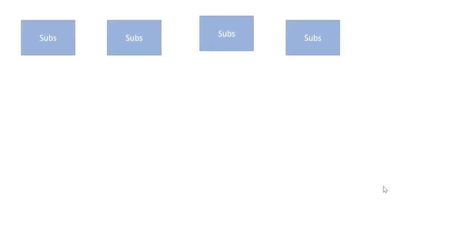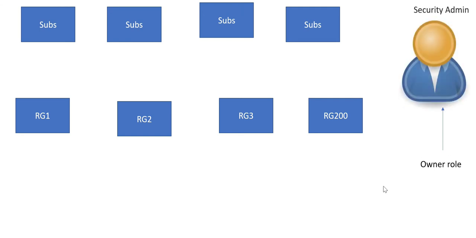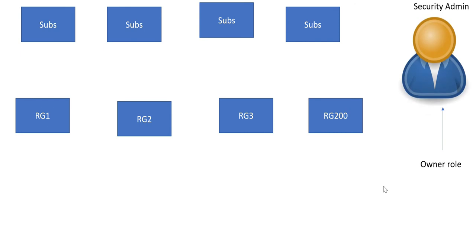So the story of this question goes this way. There are around 20 subscriptions and 200 resource groups, and whoever is the owner, or people having the owner roles, should be validated by the security admin every month. They should get automated emails every month for this validation.